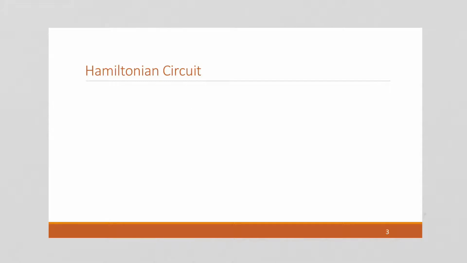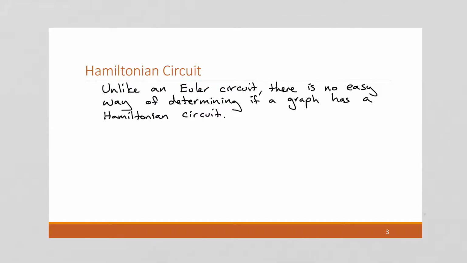Unfortunately, unlike an Euler circuit, there's no easy way of determining if a graph has a Hamiltonian circuit. There's no formula, there's no way of easily doing that. We do know ways of ruling out graphs to say that they don't have Hamiltonian circuits.